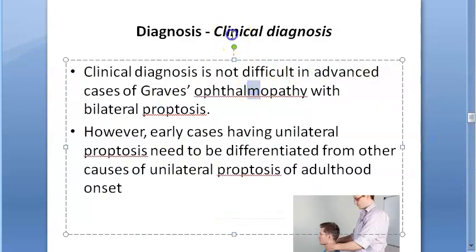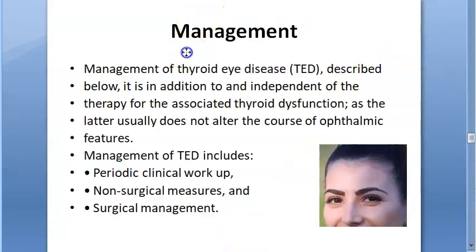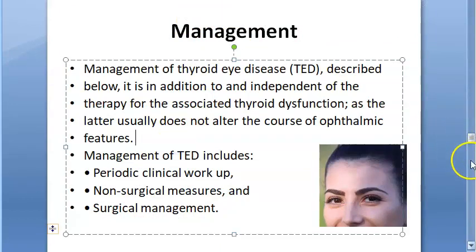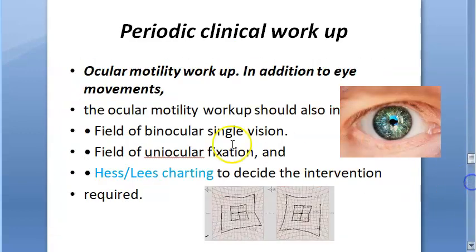Okay. Clinical diagnosis, how will you diagnose? You will order a thyroid function test, you check for the antibodies, you will do ultrasound, CT scan, MRI of the eye. Management: you can do periodic clinical workup, non-surgical, surgical. Periodic clinical workup means you'll keep monitoring their pain, swelling, redness, loss of function.